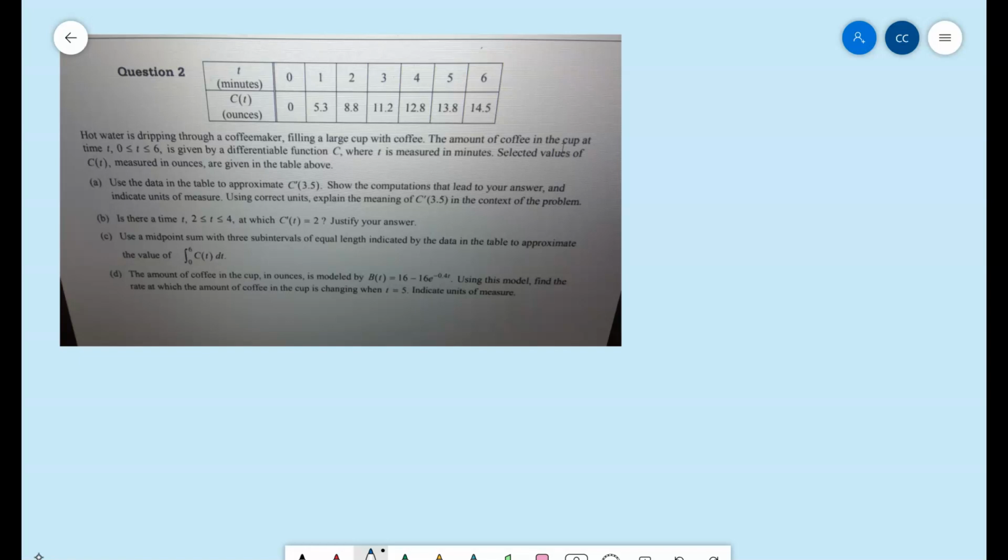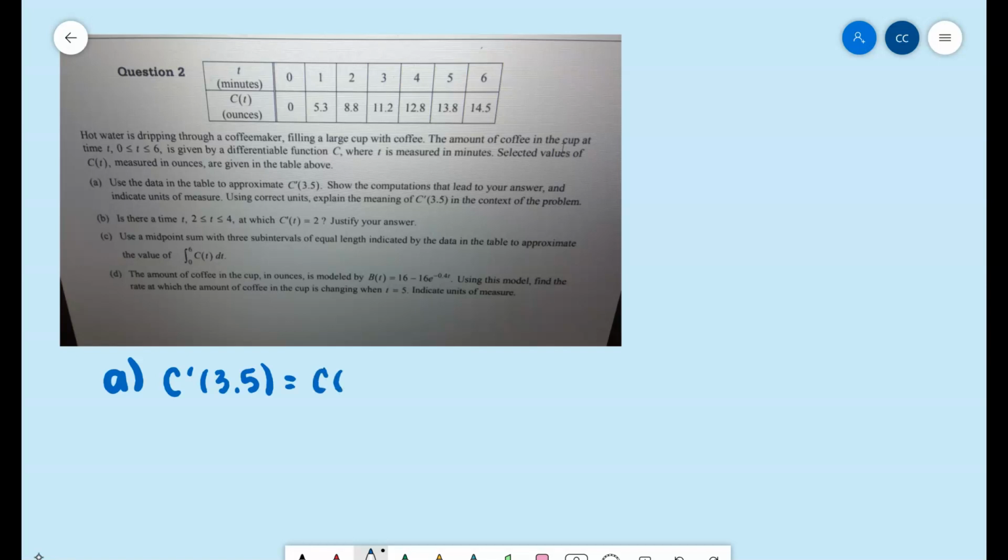So if we are trying to approximate c prime of 3.5, that is like finding the slope between the points to the left and to the right of 3.5. So if we're given a table and not a function, we're finding slope to find the derivative.